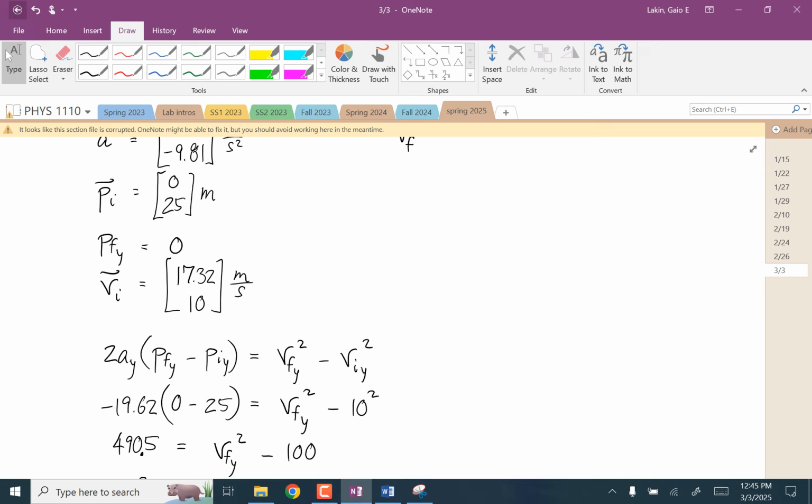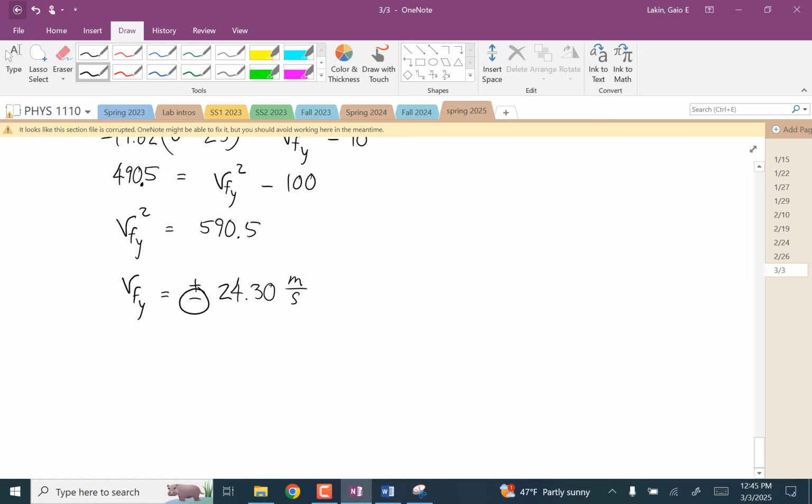The other thing, remember I mentioned this before, in equations, you don't want to write down that you know the x component of velocity at the end. But really you do, because the x component of the acceleration is 0, which means the x component of velocity doesn't change. So VFX is just going to be what it was at the start, which is 17.32 meters per second.